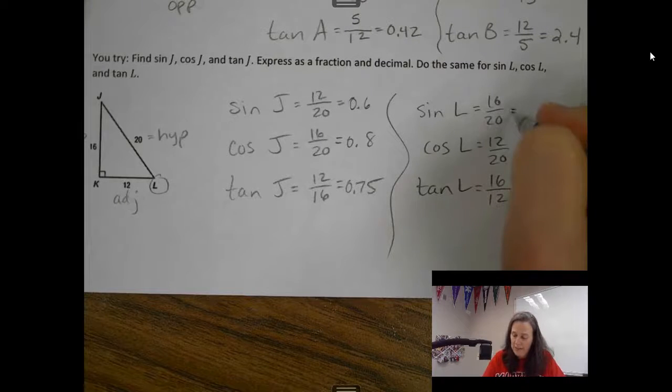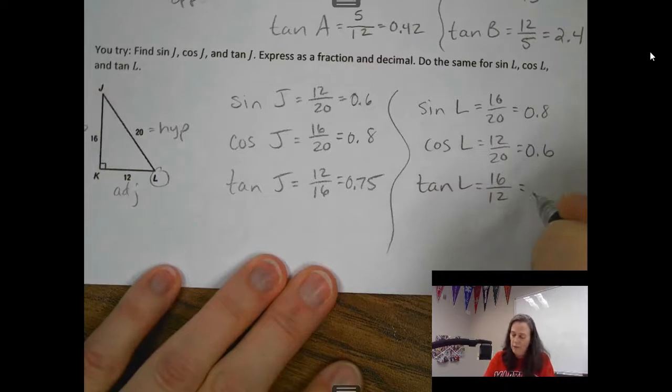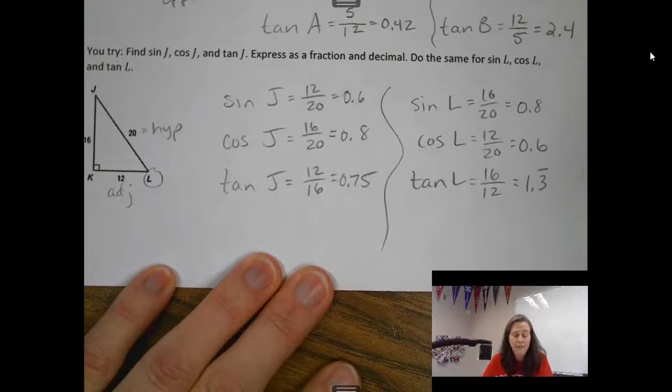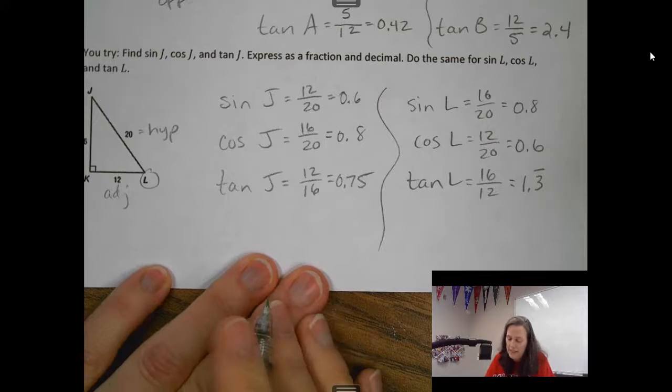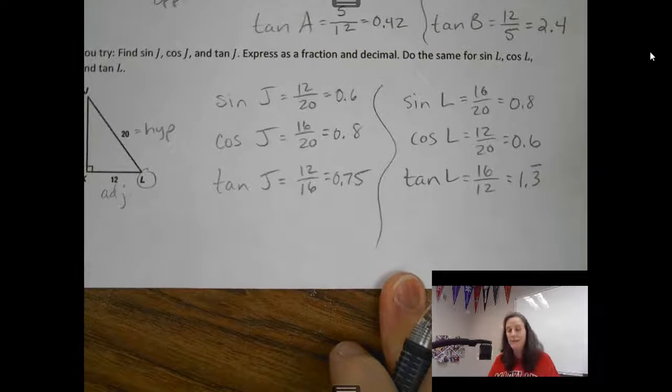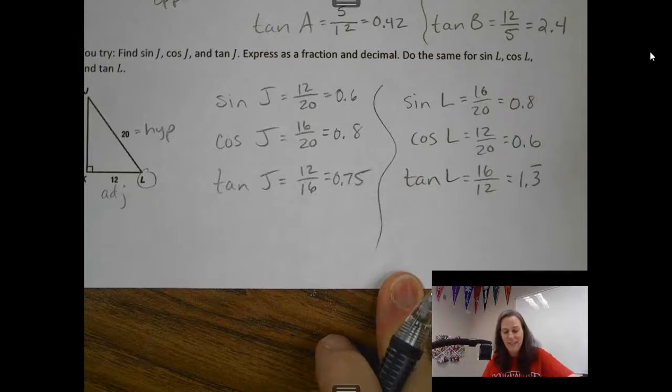Are we matching? 0.8, 0.6, and then 16 divided by 12, 1.3 repeating, if we try to stick with our 2 decimal places. Okay, hopefully you got that. You're getting that whole tangent idea. You guys are doing trig ratios. That's awesome. Let's look at the back.